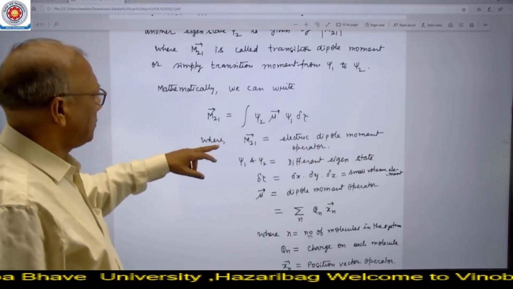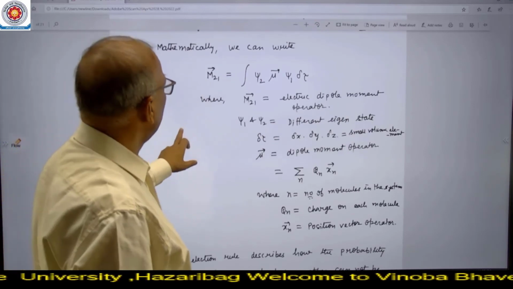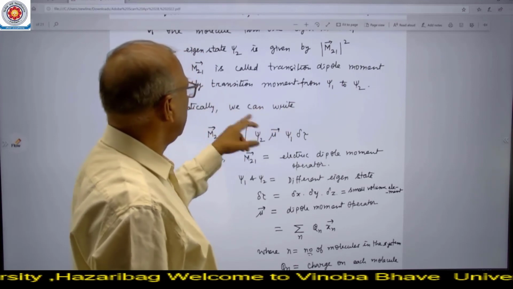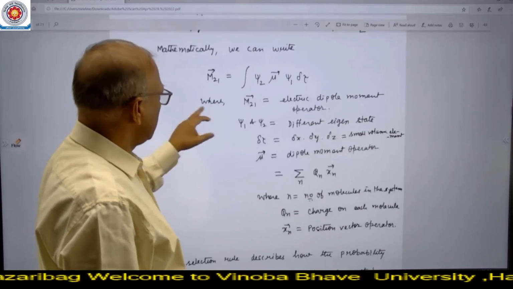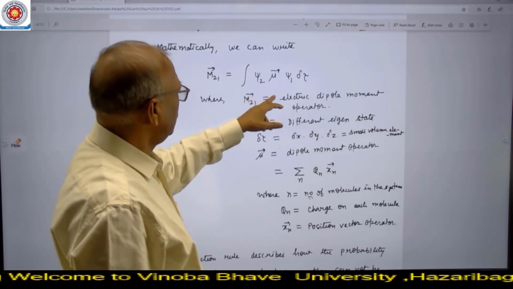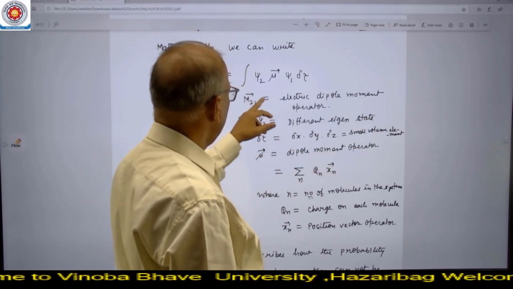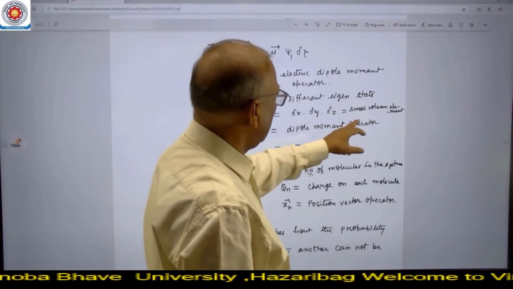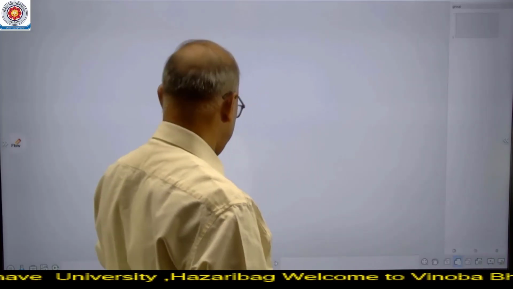Mathematically, this can be written as M21 equal to the integral of psi2 mu psi1 d tau, where mu is the dipole moment operator. D tau is the small volume element, delta x into delta y into delta z.